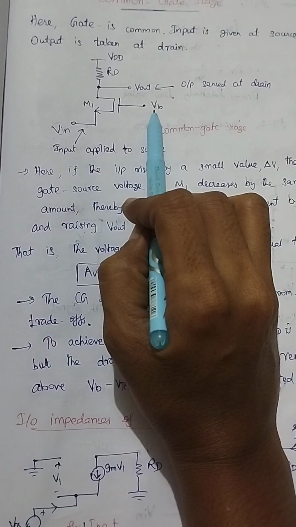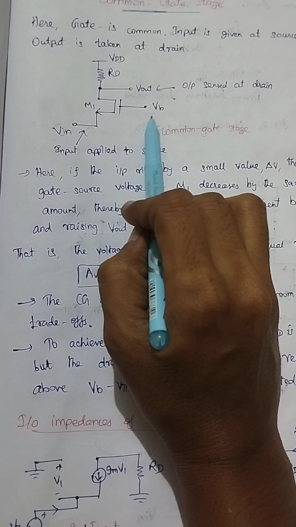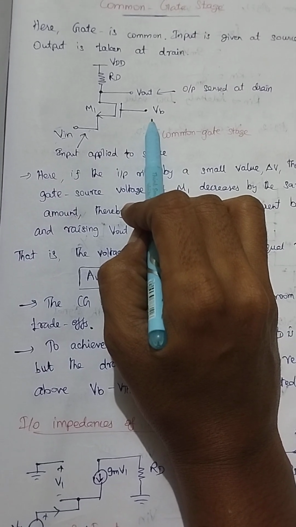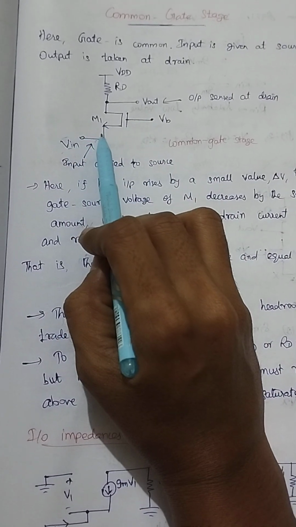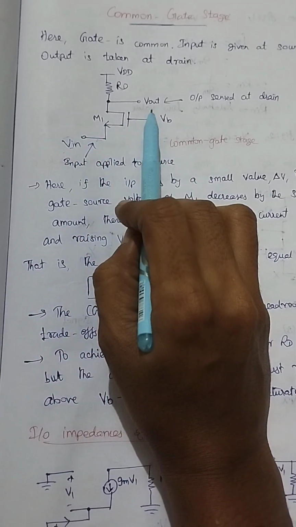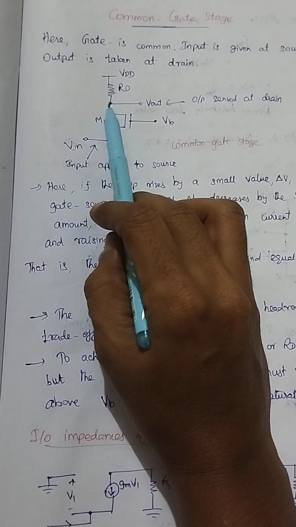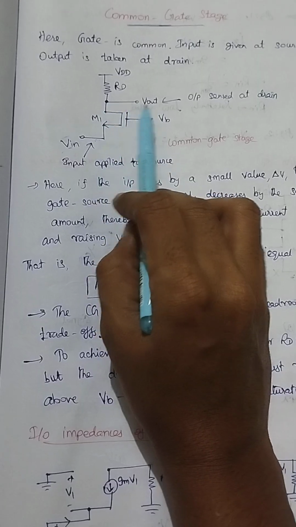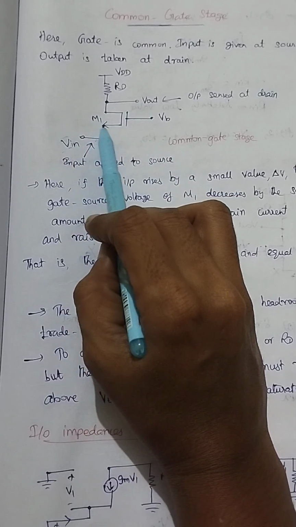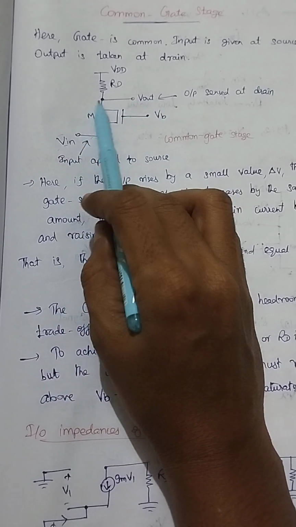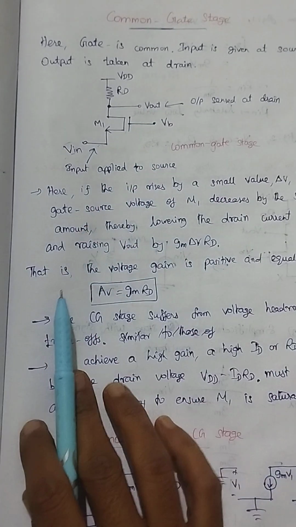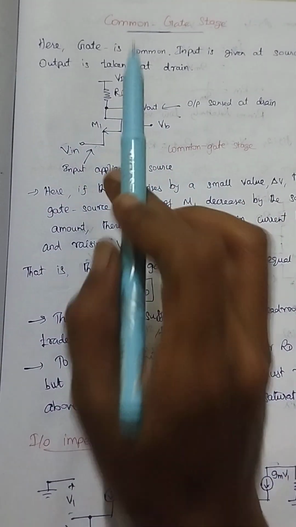Otherwise we can call it as constant DC voltage. And this is my source. We have to give the input at source side, and we can take the output at drain side. This is the common gate stage diagram.